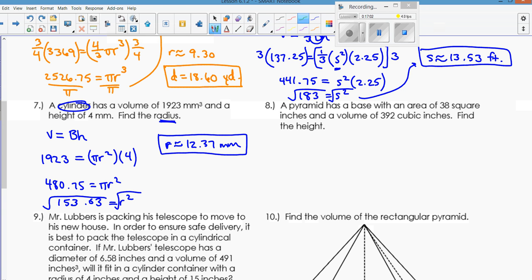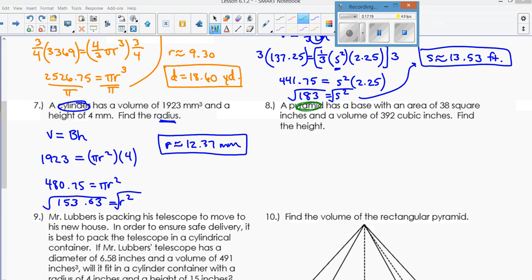Alright. Number 8. A pyramid has a base, so pyramid's very important there. A pyramid has a base with an area of 38 square inches and a volume of 392 cubic inches. Find the height. So we're not told what type of pyramid this is, but we really don't need it.